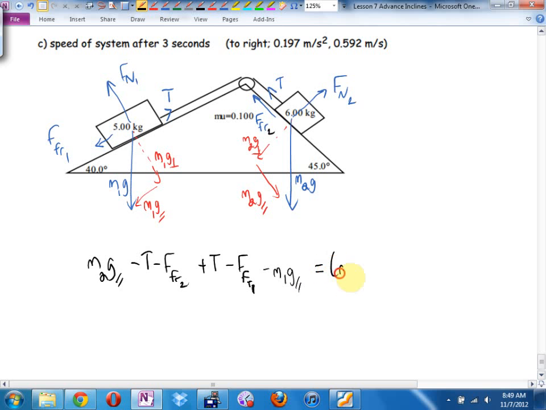That equals M1 plus M2 times A. Okay? I would consider this fair game for multiple choice. So far, so good.